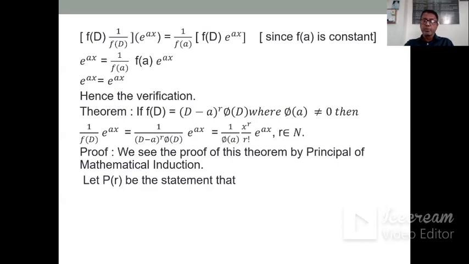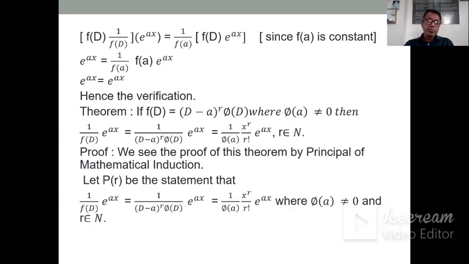Now, let P(r) be the statement that 1 upon f of D operate on e to the power ax, meaning 1 upon (D minus a) to the power r into phi of D operate on e to the power ax, is equal to x to the power r e to the power ax upon r factorial into phi of a, where phi of a is not equal to 0 and r is a natural number.